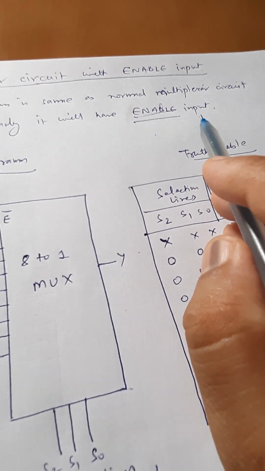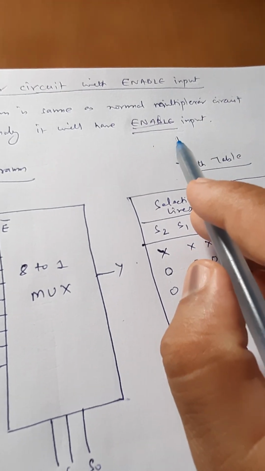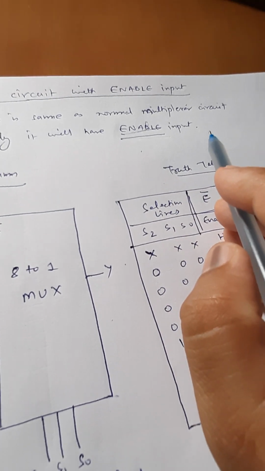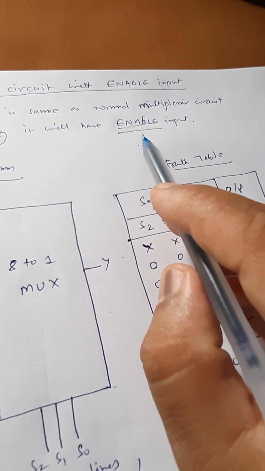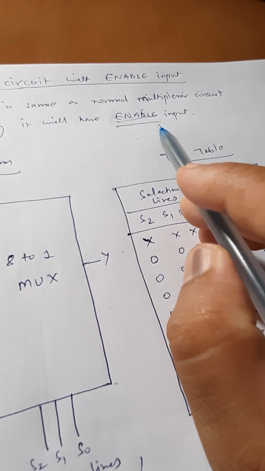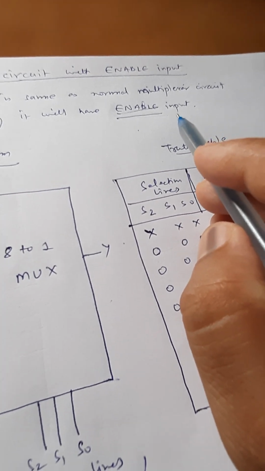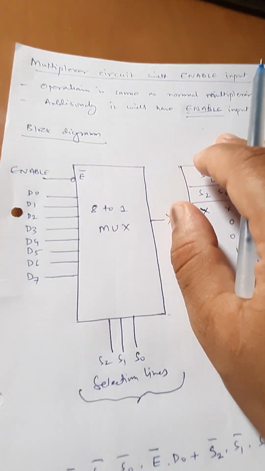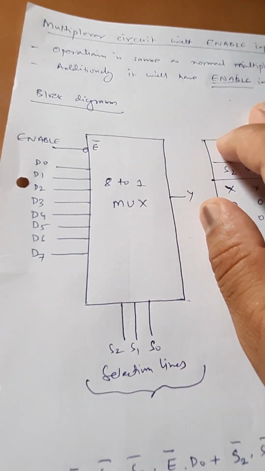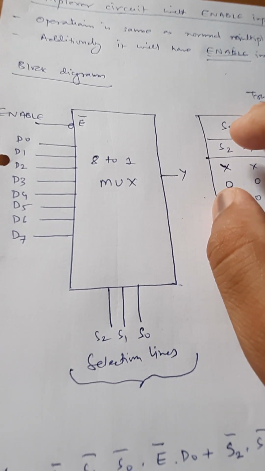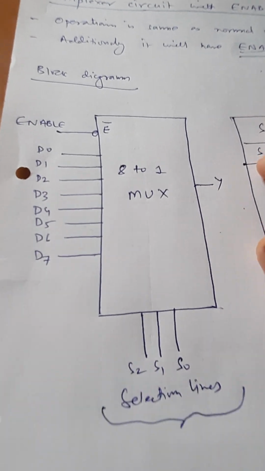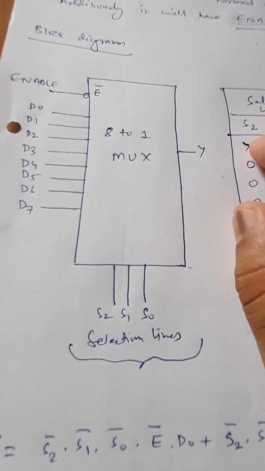When the switch is on, only then will the multiplexer work. If this proper enable signal is not given, that means the switch is off, and at that time the circuit is not going to operate. So let us see in detail with the help of the block diagram and truth table.